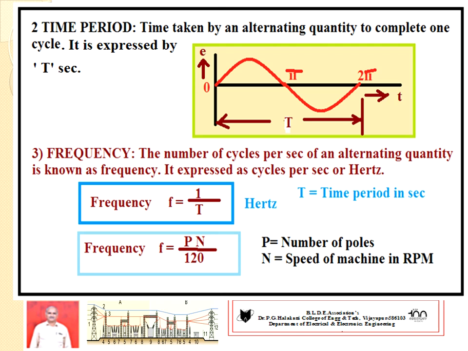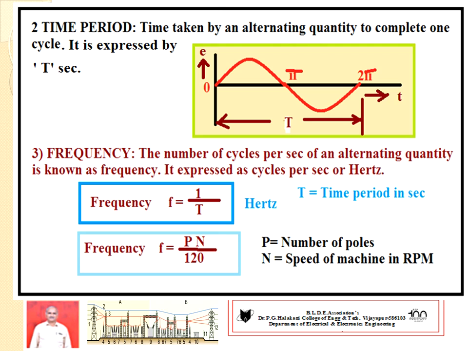It also has a relation with number of poles and speed of the machine. It is very useful and it is almost required throughout your electrical engineering journey. f equals number of poles times speed of the machine divided by 120. Now only you keep permanently in head.